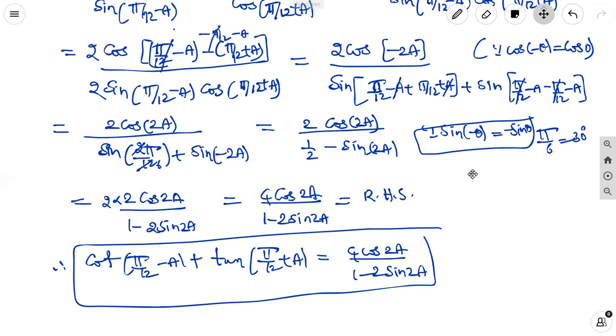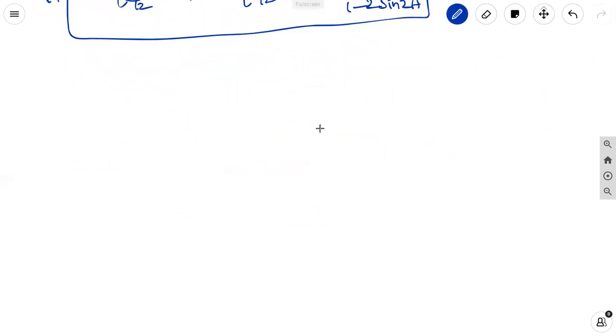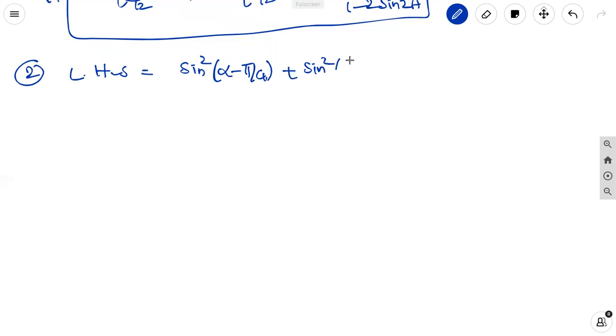Okay. The second question is: LHS is equal to sine square of alpha minus pi by 4 plus sine square of alpha plus pi by 12 minus sine square of alpha minus pi by 12, we can prove that it is 1 by 2.